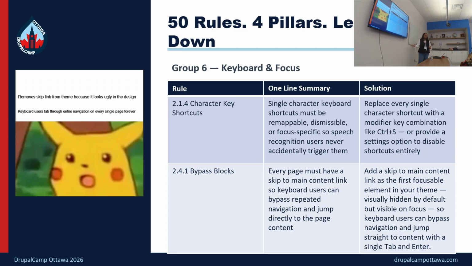It's so tedious. You have to go through every single navigation item. No, that's not a good practice. We need to provide a bypass block. The solution: add a skip link to the main content, make it visually hidden but visible on focus, so that the user can bypass and jump to the main content straight away.